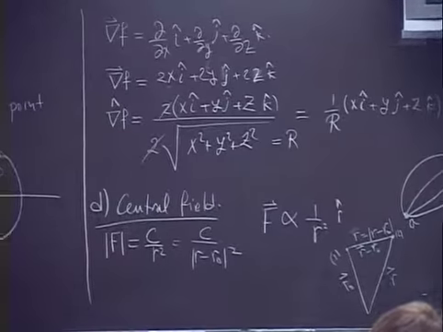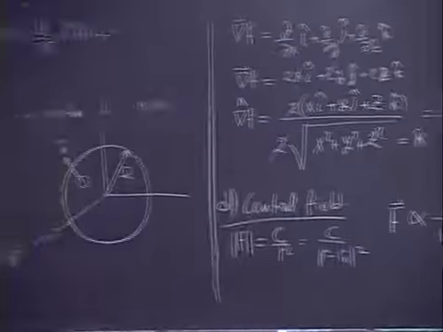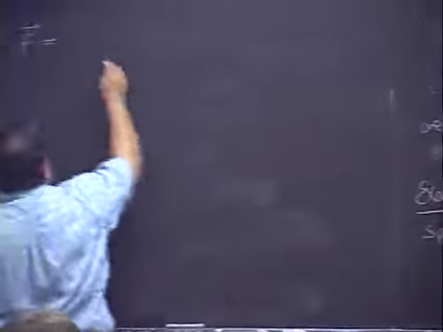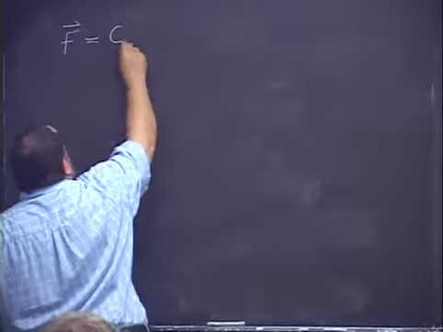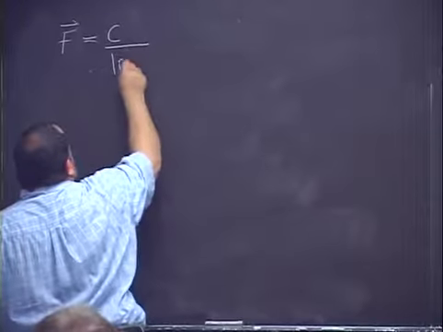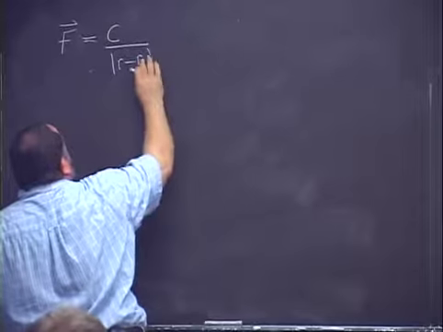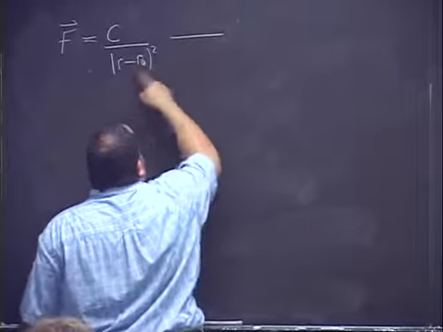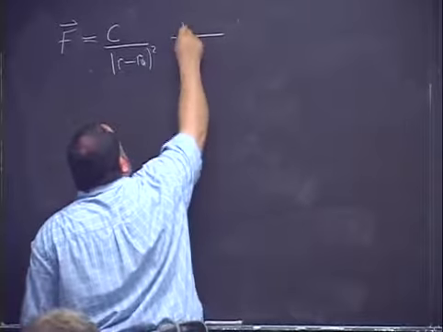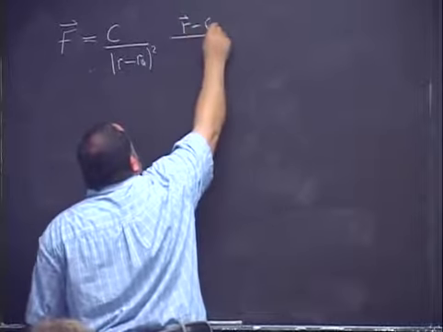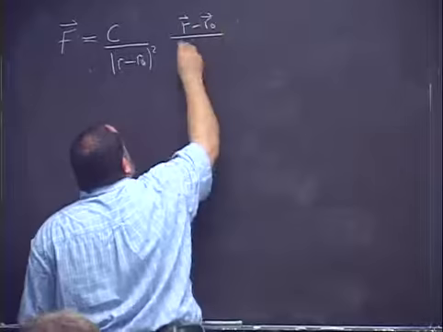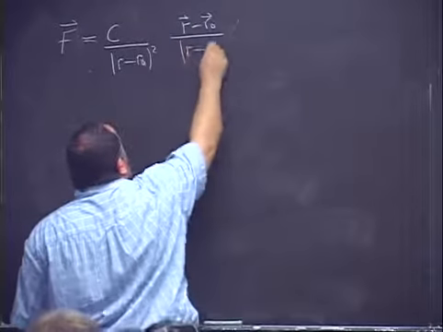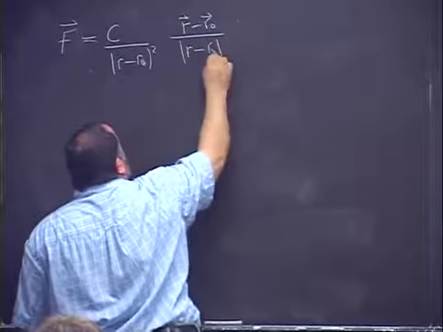The amplitude of the force will be, the force in a vector form will be c divided by r minus r0 squared. Then you need it in the direction of r minus r0, so this will be r minus r0 divided by the amplitude of r minus r0.